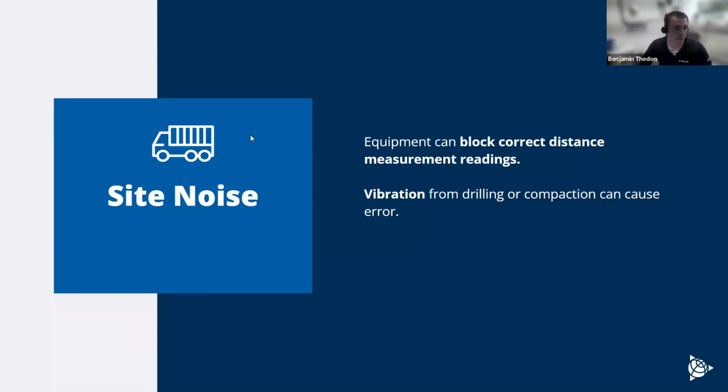Also external noise, like vibration when you drill, can create some displacement on your tilt sensor, for example, and you will see some noise from time to time. We also sometimes see a tilt sensor get hit on site, and then of course the data will have a lot of error on it.